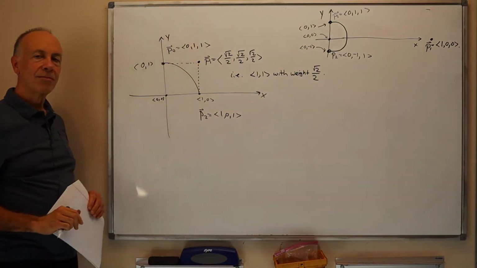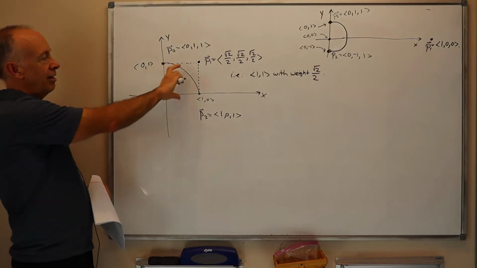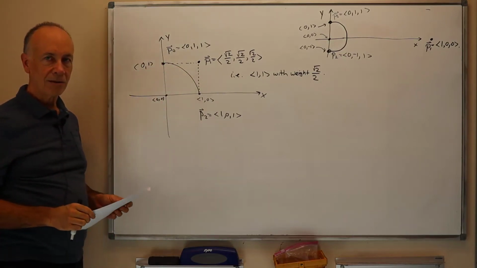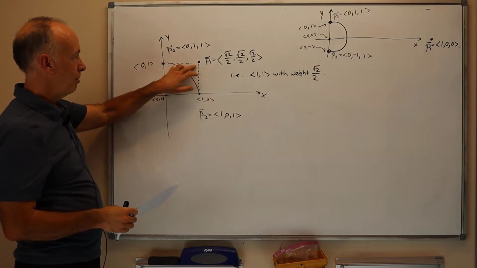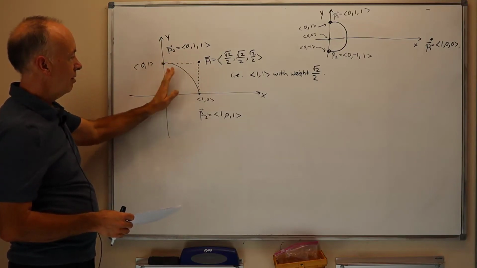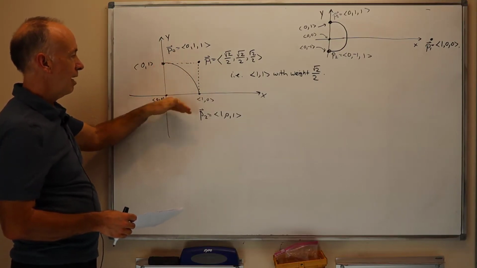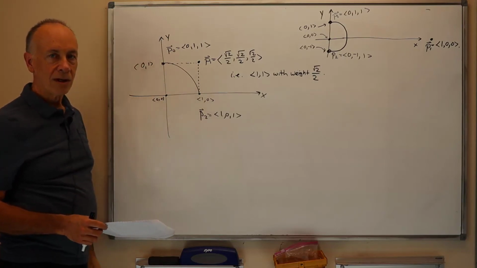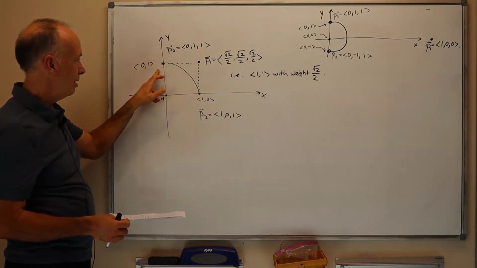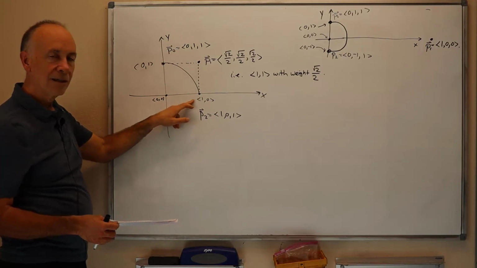And I'm not going to do the derivation, but you can check that this actually gives you a semicircle, that the weight has been chosen appropriately, and that when you do the computations, the Q of U exactly traces out this first quadrant of the semicircle, starting at P0, starting at (0, 1), and ending at (1, 0).